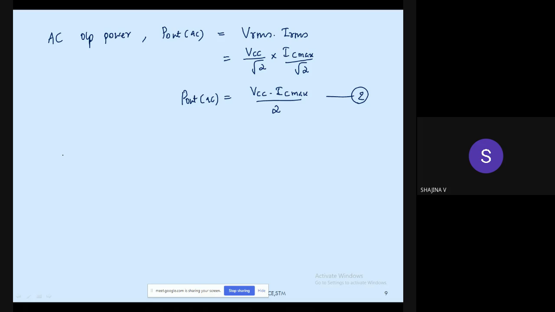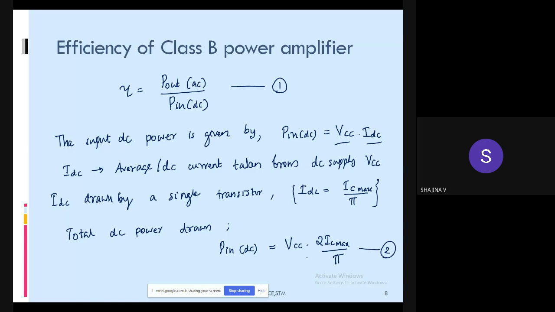Now substitute equations 2 and 3 in equation 1, and you will get the efficiency. Efficiency is equal to P out AC divided by P in DC. P out AC is VCC into IC max divided by 2, whole divided by P in DC. P in DC is 2 into VCC into IC max divided by pi.